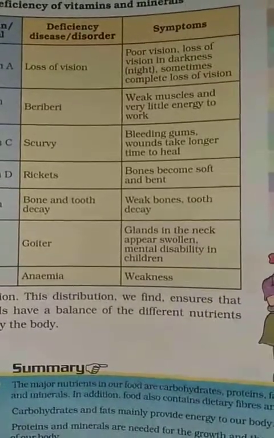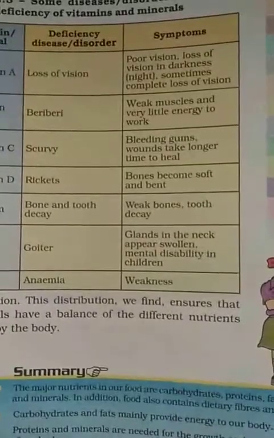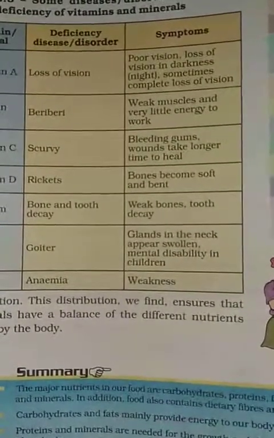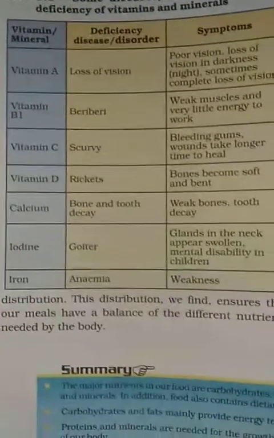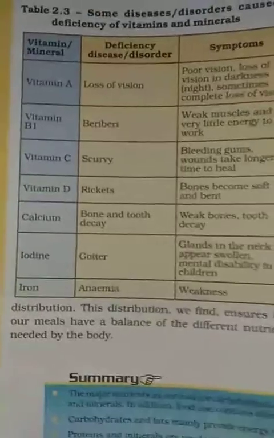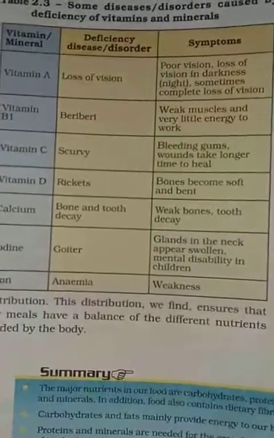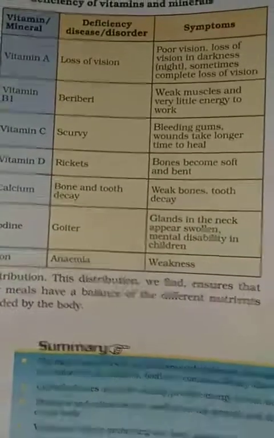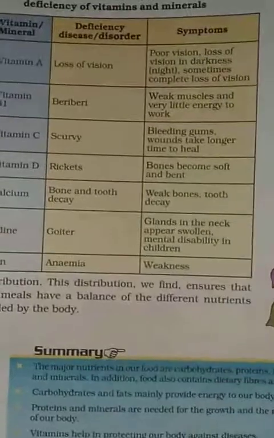Poor vision, loss of vision in darkness, sometimes complete loss of vision. These are the symptoms. Then vitamin B1, that is beriberi. Beriberi is the disease in which we will feel weak muscles and very little energy to work. We will feel tired as our body does not have that energy.